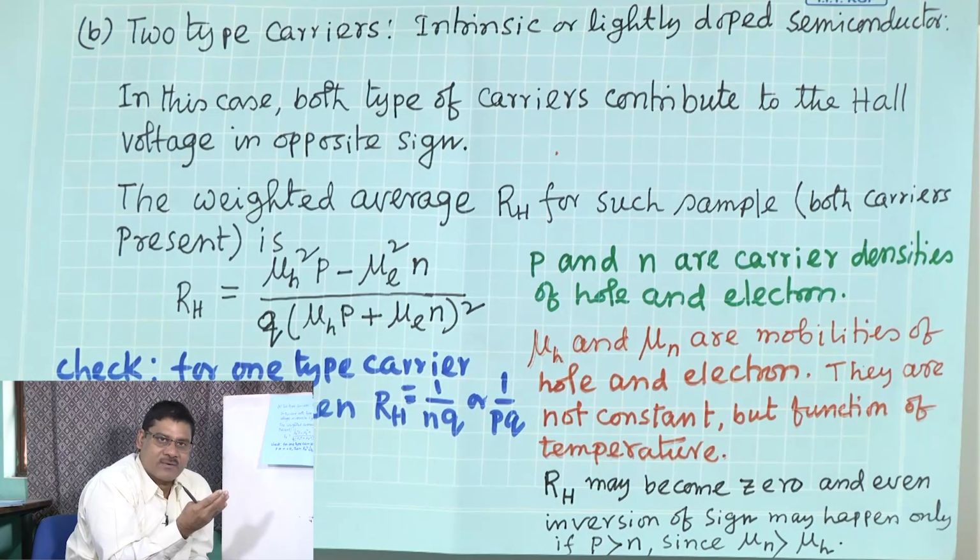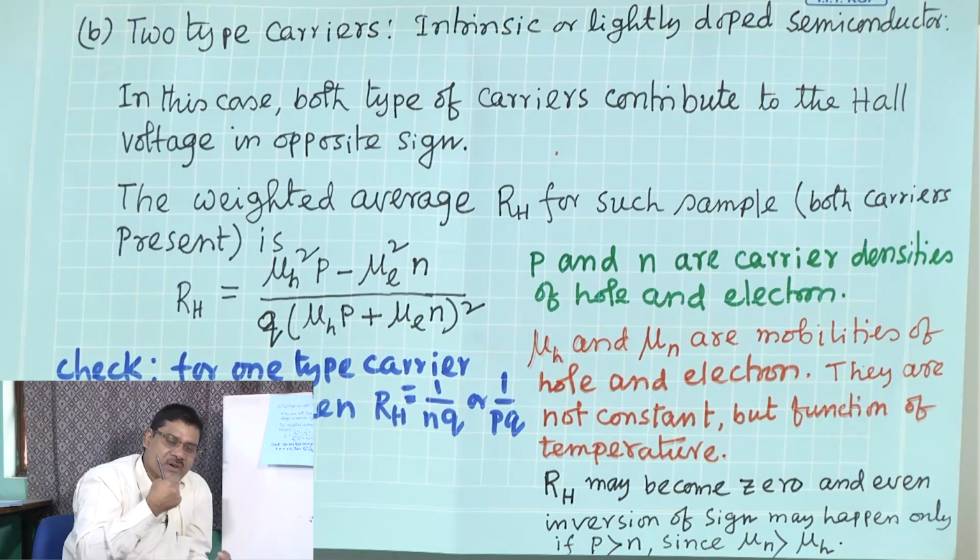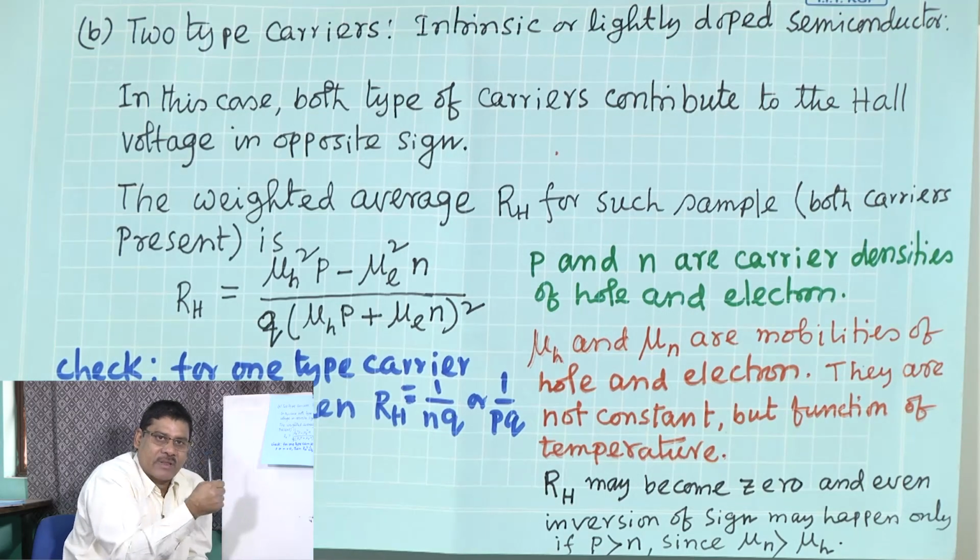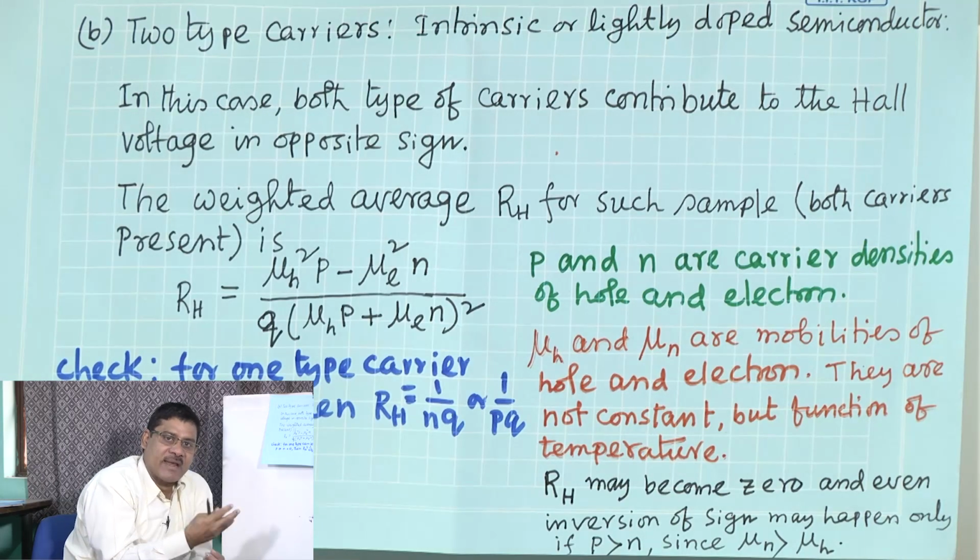That's why earlier I told this RH is not constant. The reason is that with magnetic field and temperature it varies. And the reason for the variation is, as I told, that drift velocities are not the same at all magnetic fields.